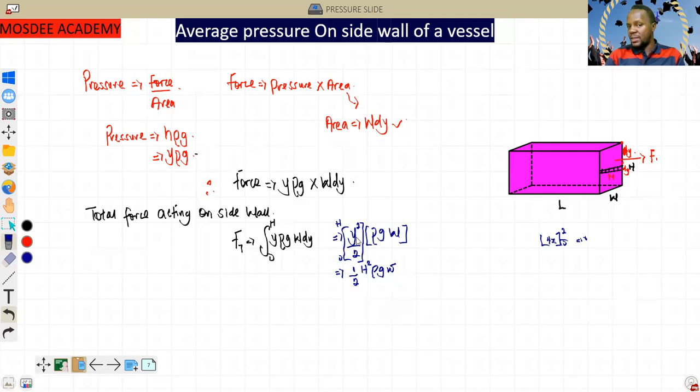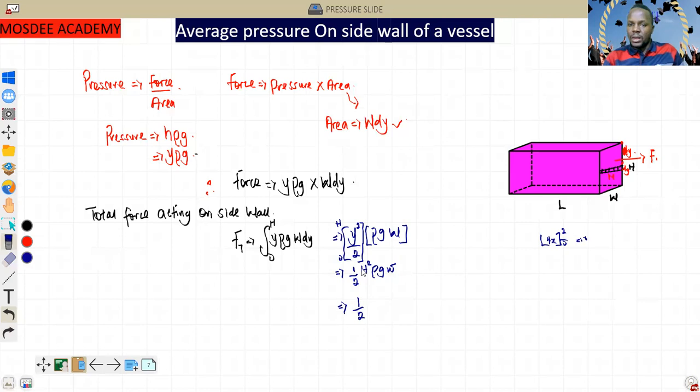Where we see y, we put h, so that is h squared over 2. Then the 0 gives 0. So we have h squared over 2, which I have written as 1 over 2 h squared. So what we are trying to say is that the total force acting on the side of the vessel is now 1 over 2 rho g W h squared. I hope you are following.